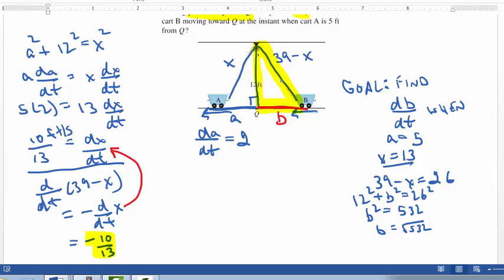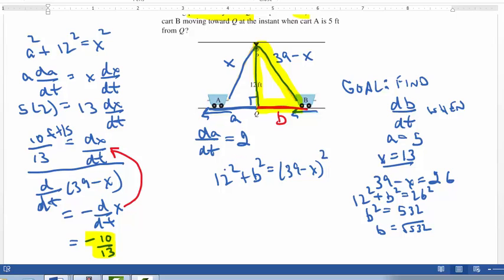Because now when I'm using my right-hand triangle, my equation would be 12 squared plus b squared equals, technically, (39 minus x) squared, right?